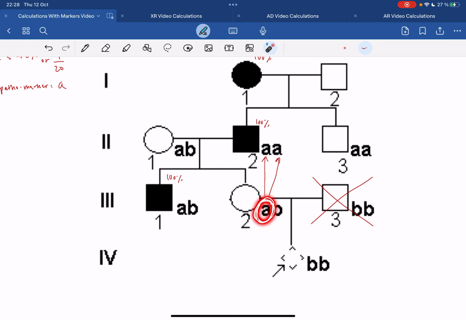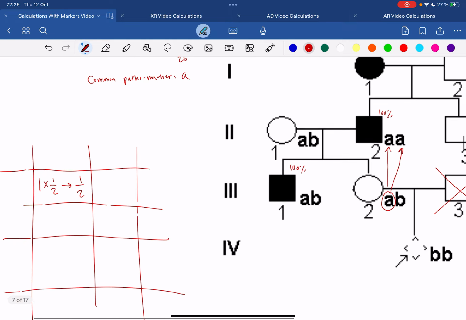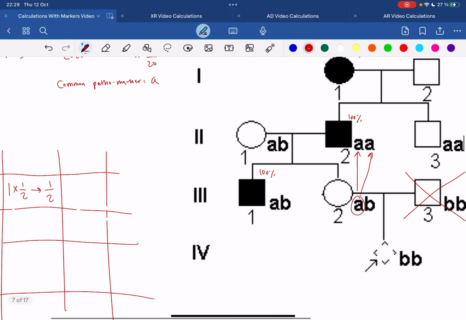And instead of doing the prior probability as the parents' probability times high or low risk, in this case we're reverting it back to the parents' probability, which in our case is 1 right here, times 1/2, which is equal to 1/2. So we're reverting back to our old system because we're unsure if she has gotten the A from her dad that is sick, or the A from her dad that is healthy.